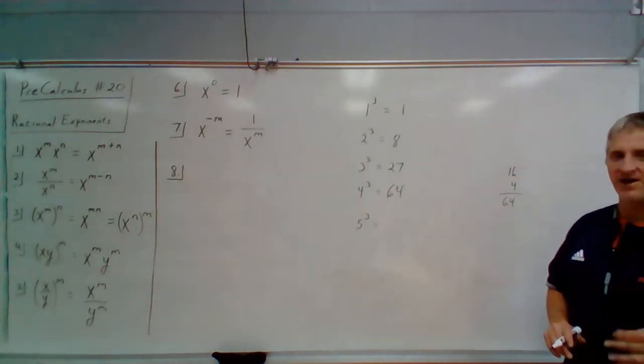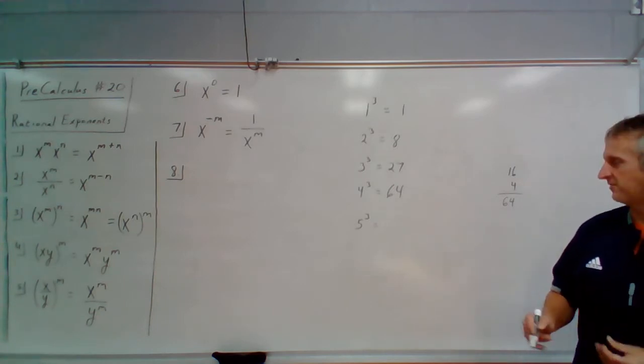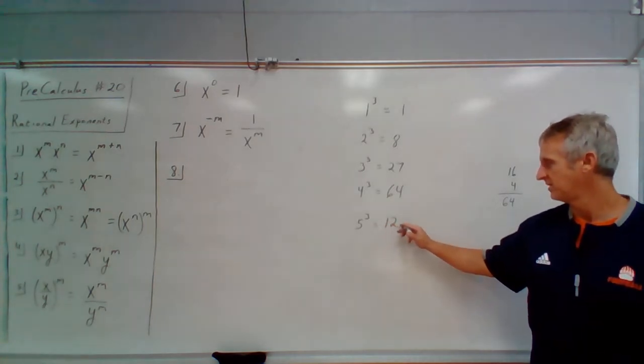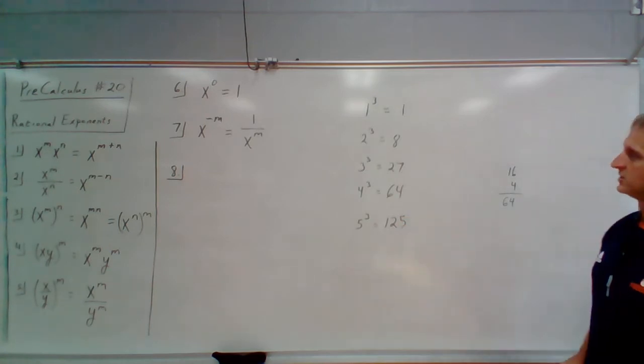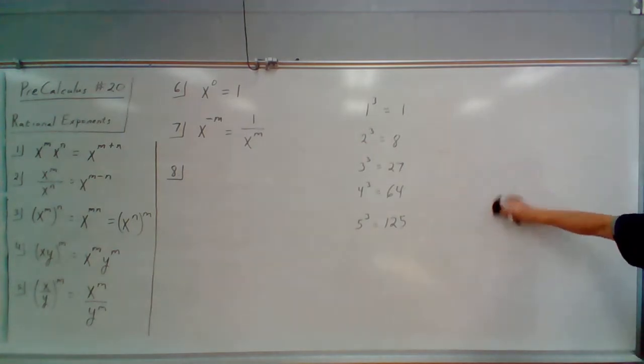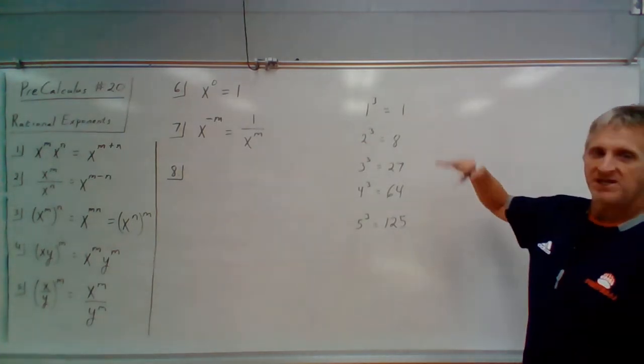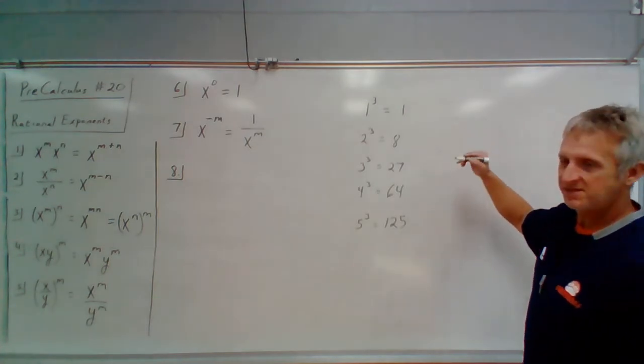5 to the third, 5 times 5 times 5. 5 times 5 is 25. 25 times another 5 is 125. So you need to be pretty familiar with those numbers. We'll use those a lot. So the inverse process of this would be the cube root.